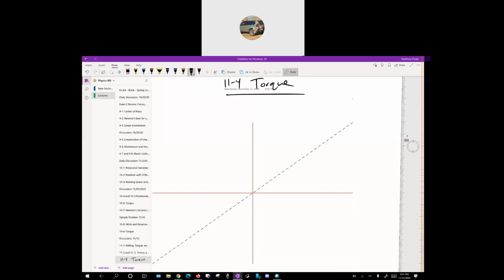If we had some force acting away from some rotation of origin, we'll call it O, then put my force on here. There we go. So they're not perpendicular in this case. Just note that. This is acting at some angle, we'll call it phi.